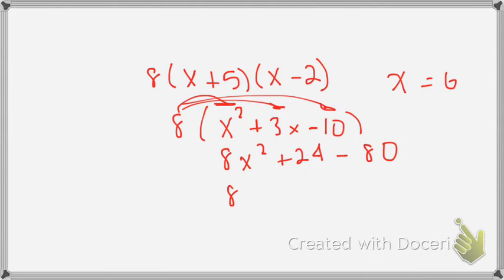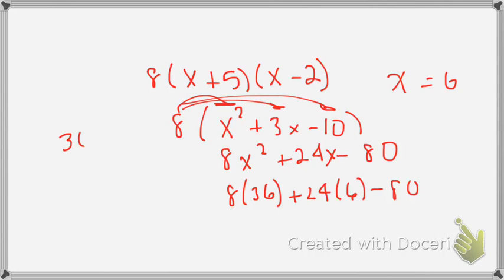So I'll put the 6 in there. 8 times 36 plus 24 times 6 minus 80. I'll do a little math over here. 36 times 8, 48, 24, 28, 288.